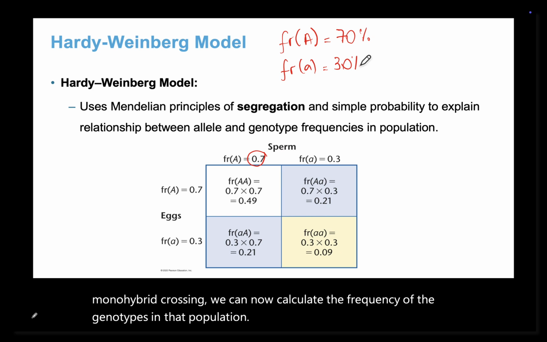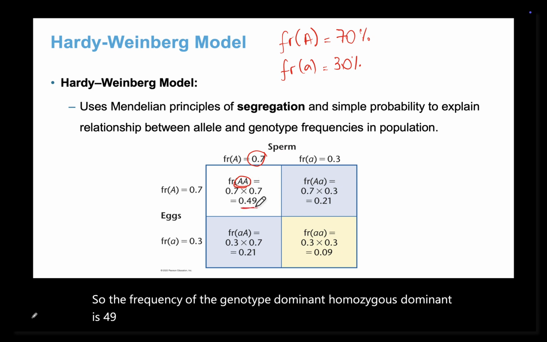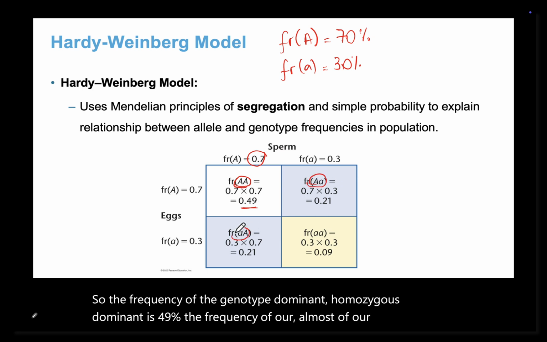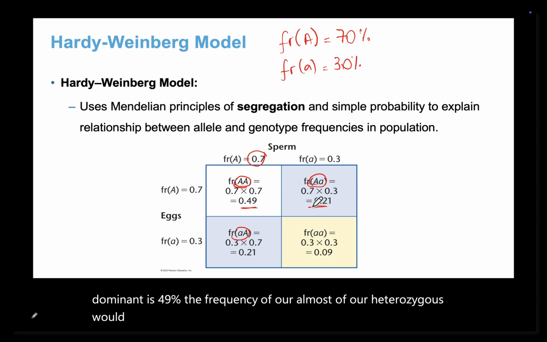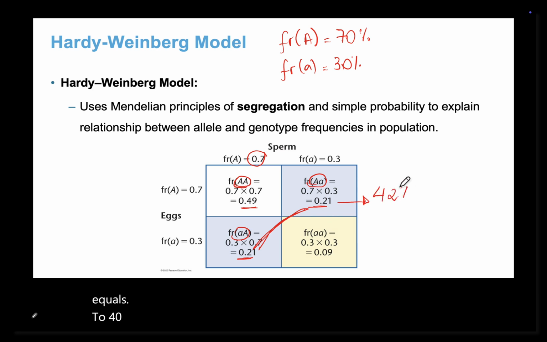So, the frequency of the genotype homozygous dominant is 49%. The frequency of our heterozygous would be 21%. Of course, here we are summing them both, so that equals 42%.